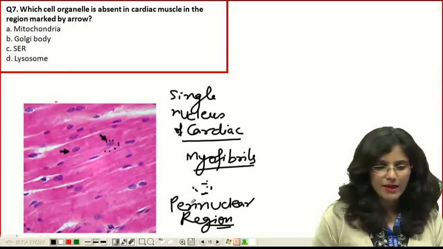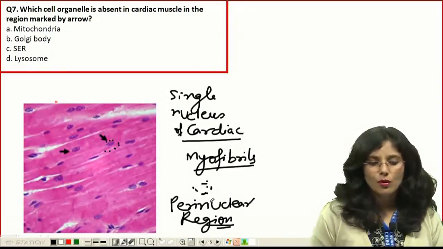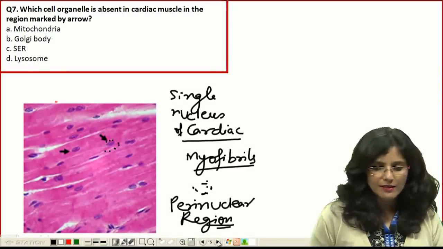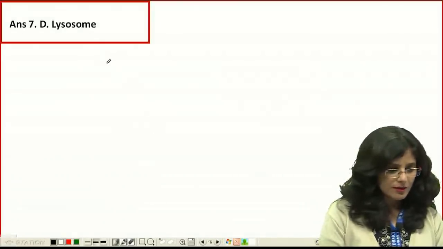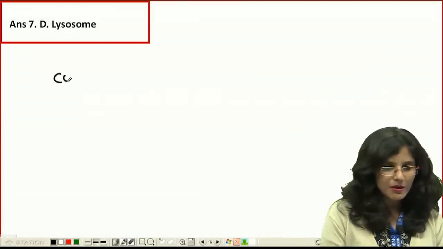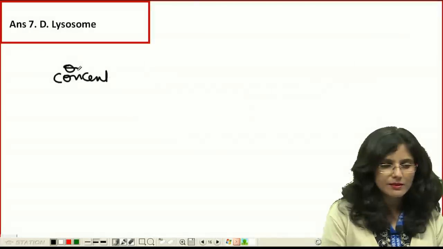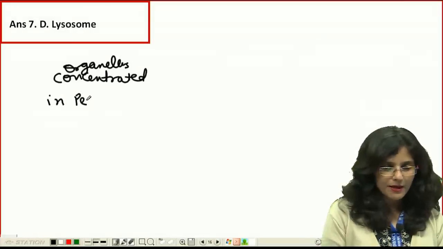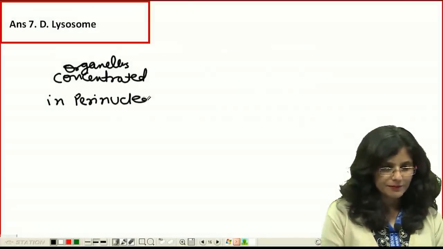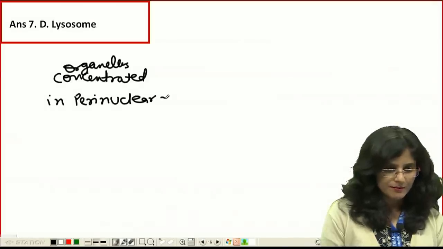Most of the organelles become concentrated in the perinuclear region.